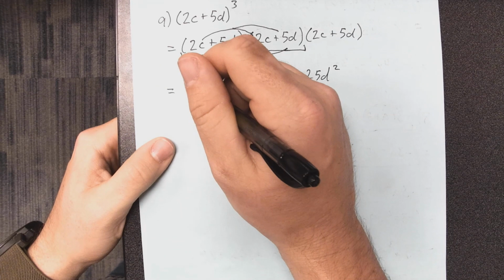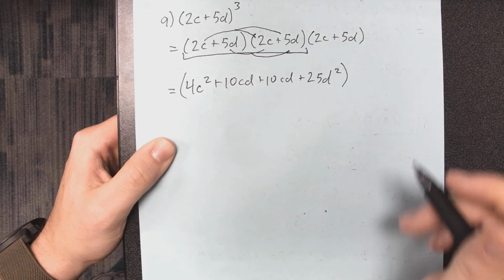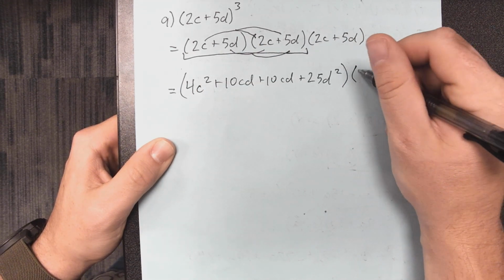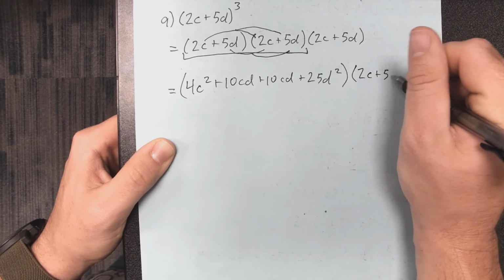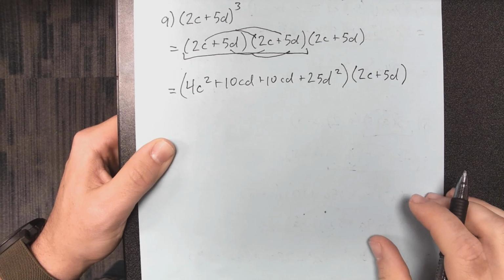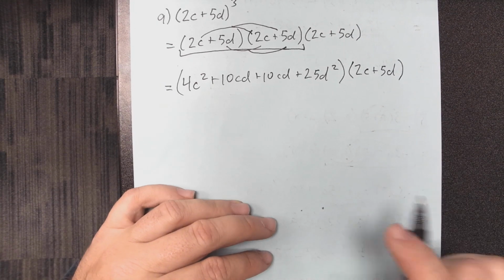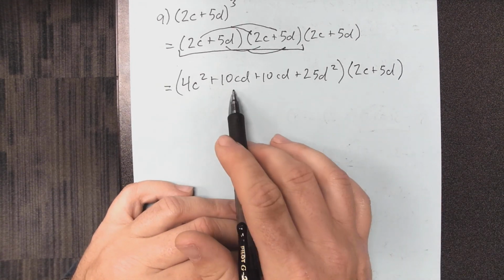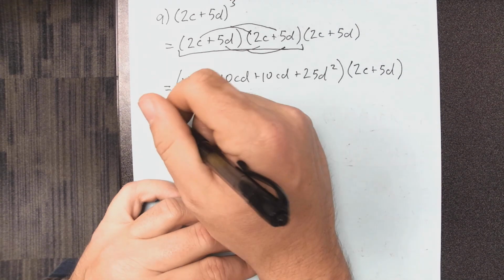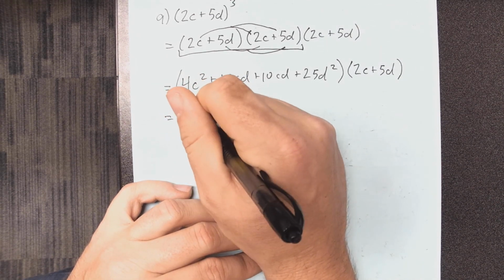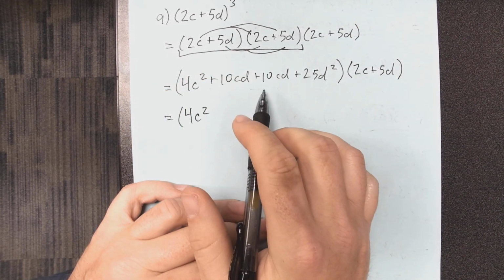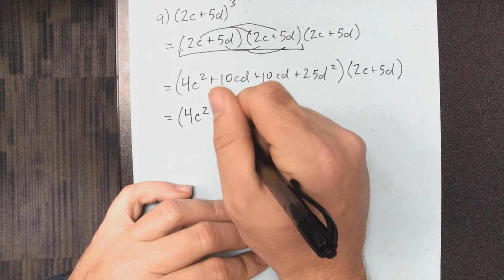Since I'm not done, I'm going to have to put that in parentheses, multiply again. Now, before I distribute one last time, I can combine these like terms. So let's do that first. So 4c squared, 10 plus 10 cds is 20cd.